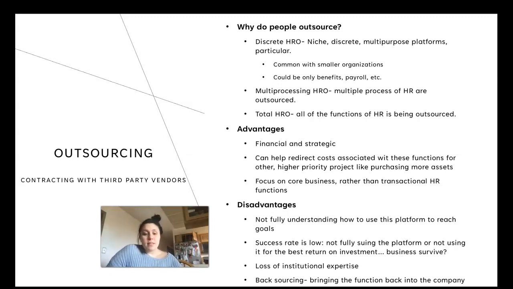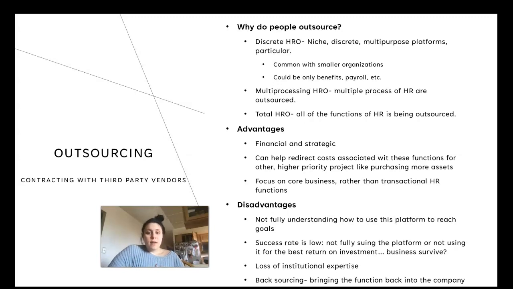Multi-processing is multiple processes, so this could be payroll through a certain system and also benefits. It's like mix and match for what's right for their company. And then total is when they have the entire thing outsourced to a third-party vendor. This could be Workday, this could be ADP, everything like that.